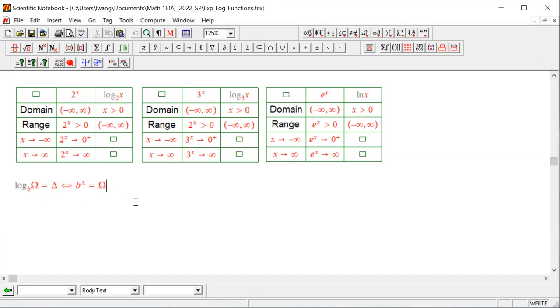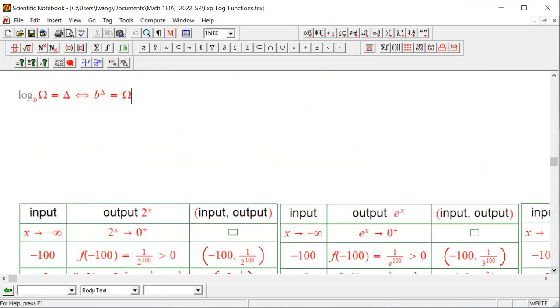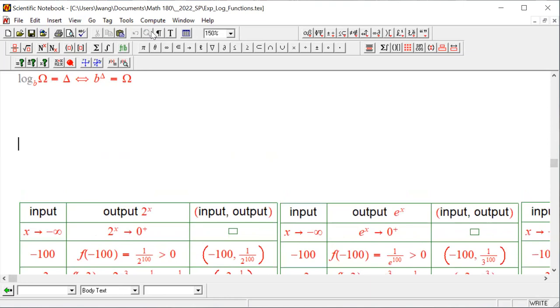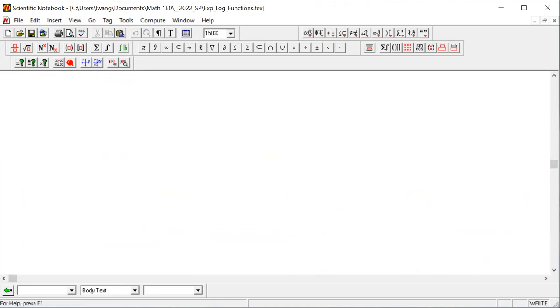Okay, so next we've done the graph where we know very well about their pictures, right? We know what we can use the vertical line for, and we will talk about the horizontal line. Horizontal line, of course, if you know the output, right? But today we're going to talk about some very useful properties of logarithm. As we know, logarithm and exponential functions are tied together.